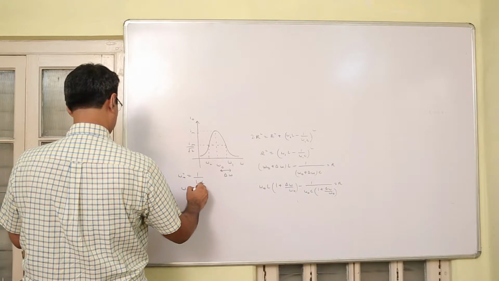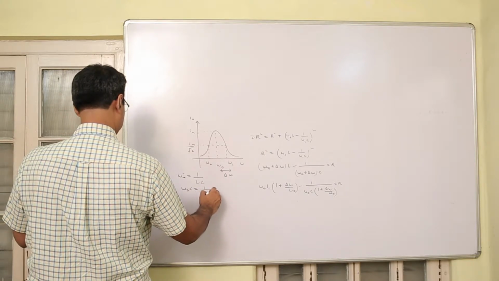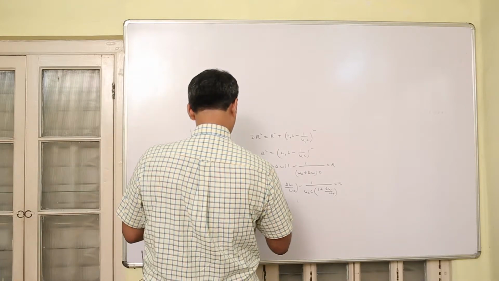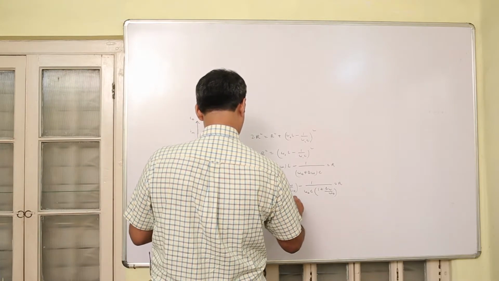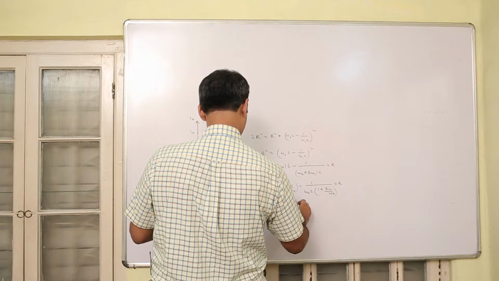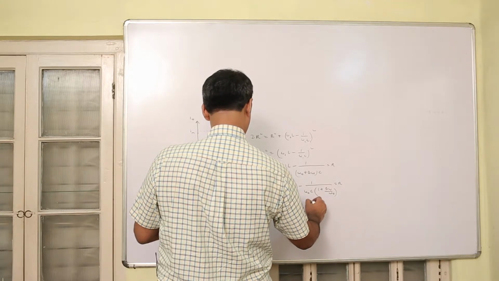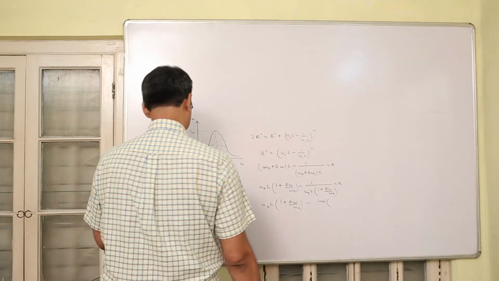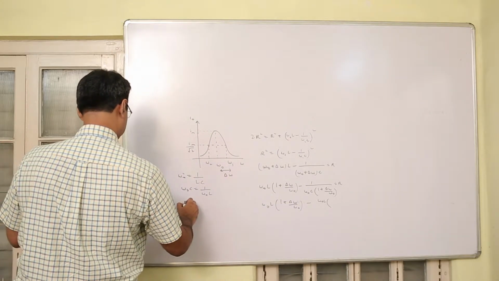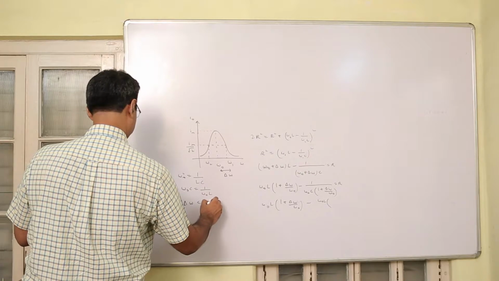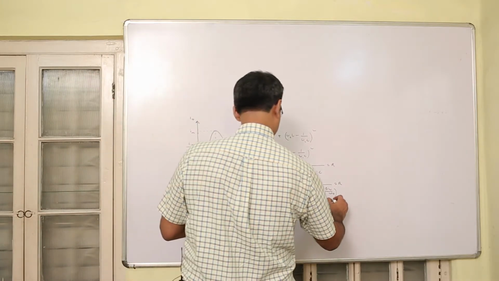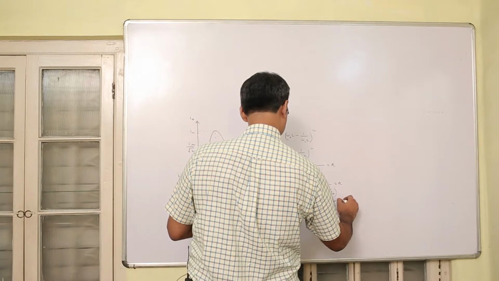So you can write omega 0 C is 1 by omega 0 L. And using the binomial theorem and considering that delta omega will be very, very small compared to omega 0, we can write like this.